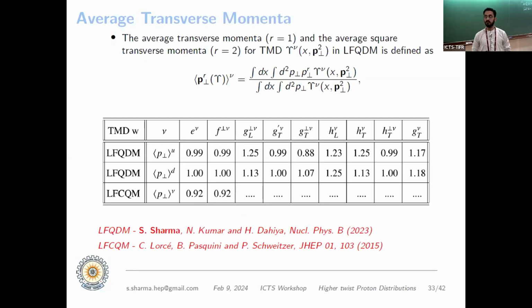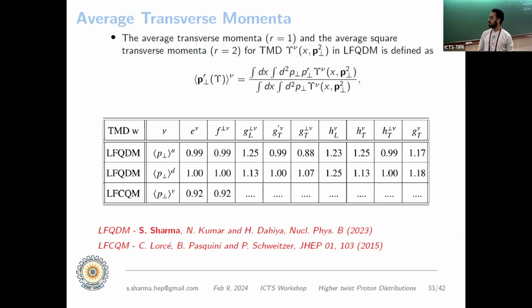Now, the average transverse momentum. We have calculated the average transverse momentum and the average squared transverse momentum in our model, and compared them with the available data. We have compared the average P-perp for the light front quark-diquark model with the light front constituent quark model, with results by Lorcé and others.